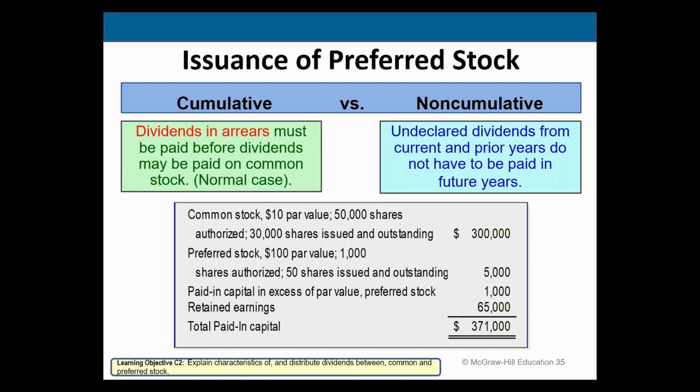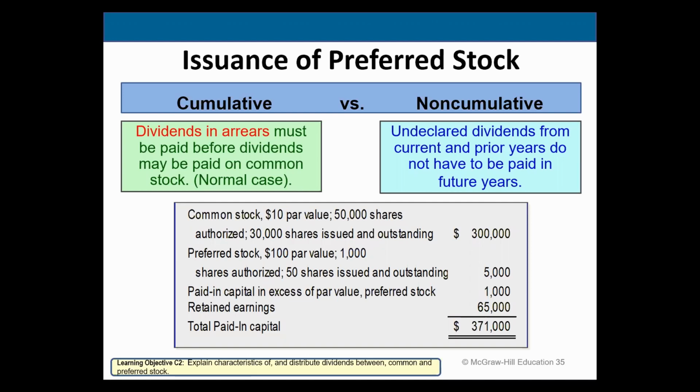When preferred stock is cumulative and the directors either do not declare a dividend to preferred shareholders or declare one that does not cover the total amount of cumulative dividend, the unpaid dividend amount is called dividend in arrears. Accumulation of dividends in arrears on cumulative preferred stock does not guarantee they will be paid.